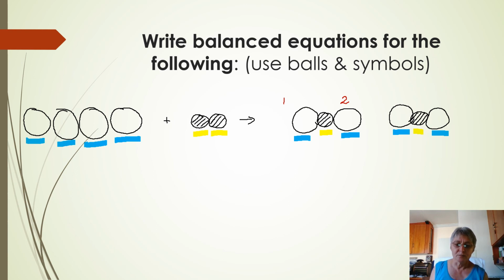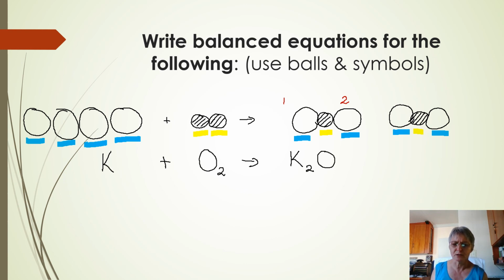In terms of symbols, the symbol for potassium is K. The symbol for oxygen is O, but it's diatomic. And for potassium oxide, you have 2 potassiums joined to 1 oxygen.